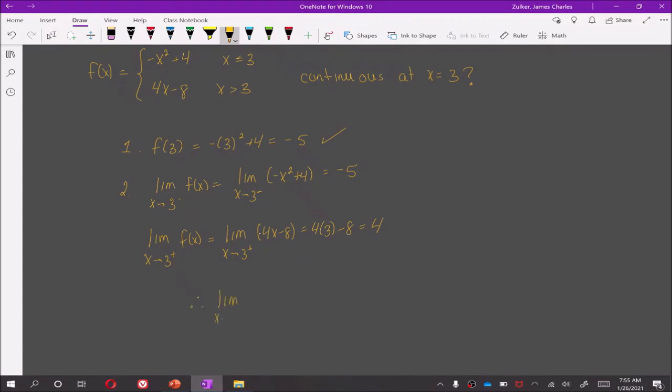So the limit as x approaches 3 of f of x does not exist, which immediately means that f of x is discontinuous at x equals 3. It is, however, continuous from the left.